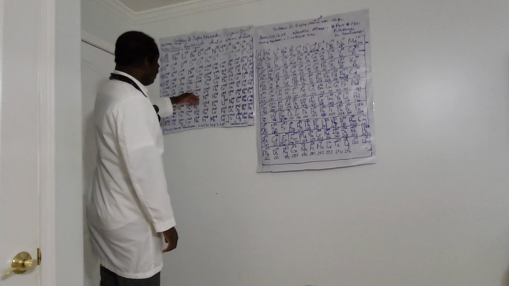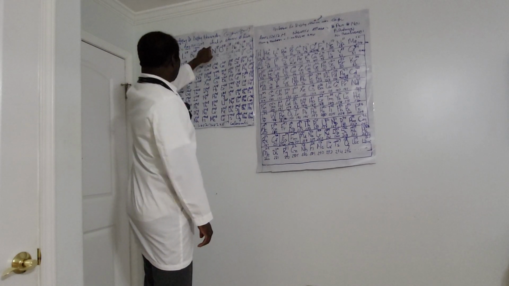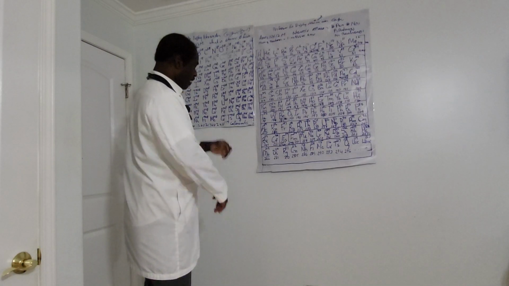So that's it. The number of electrons is the atomic number of the element.